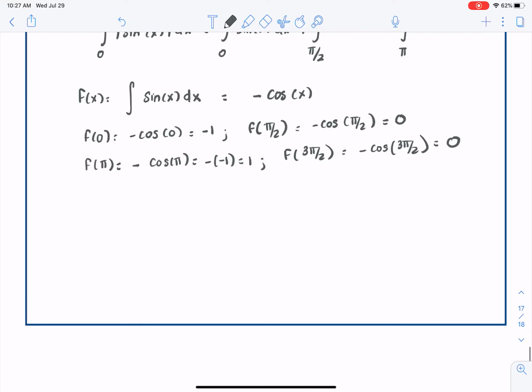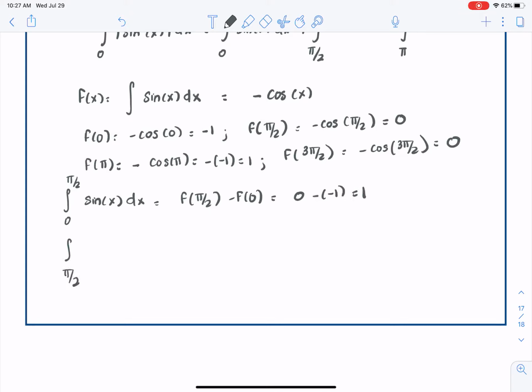So the integral from 0 to pi over 2 of sine x dx would be f of pi over 2 minus f of 0. So we have 0 minus negative 1, we get 1.